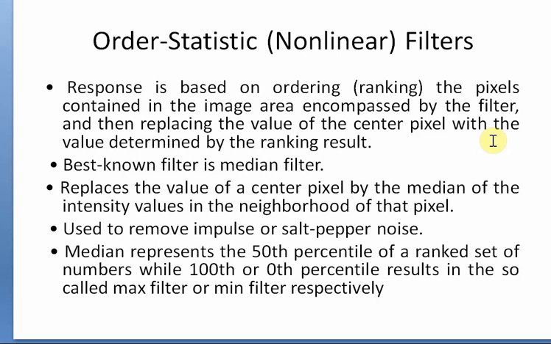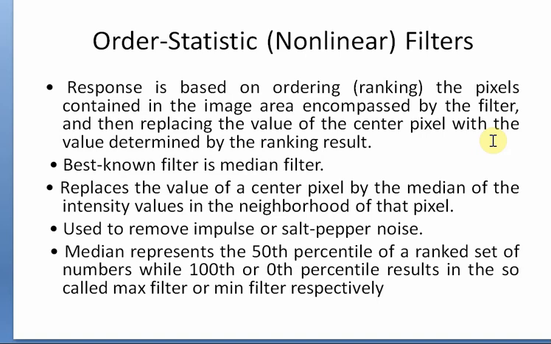But if it is an even number, say if I take a different mask with even coefficients, take the two center pixel values, average those two, and take the new value as the new pixel intensity value.